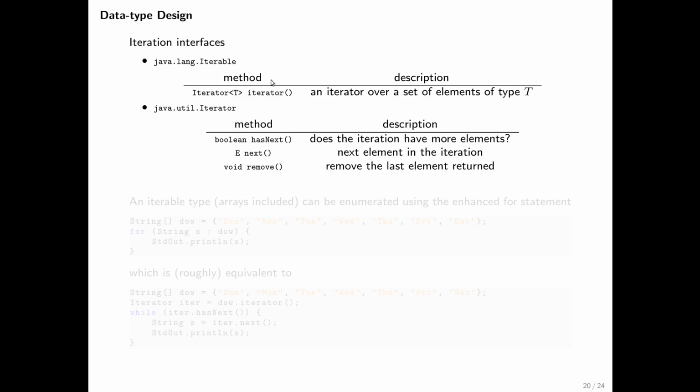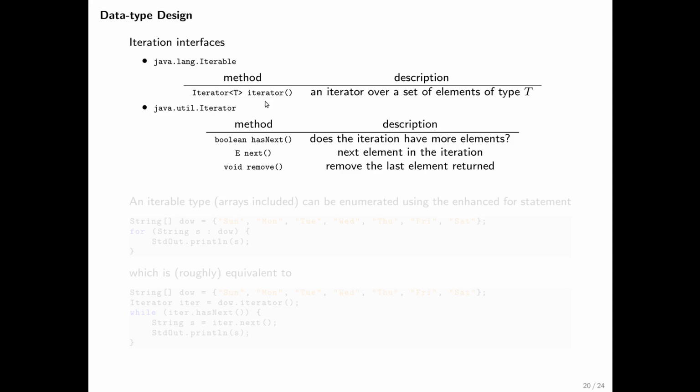And so any data type that you want made iterable needs to implement this interface, meaning provide an implementation for this method. And what is this method supposed to do? Well, it's supposed to return an object of some iterator. And what does that mean?